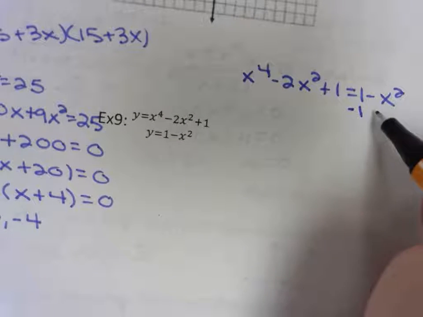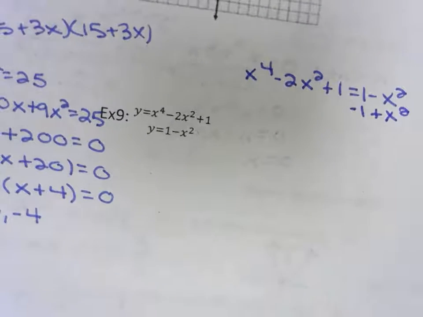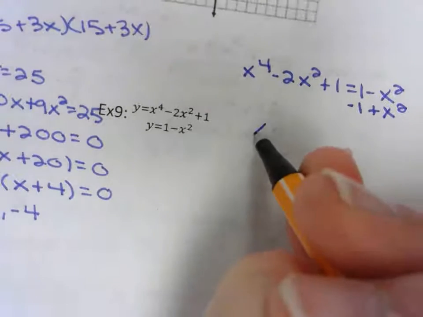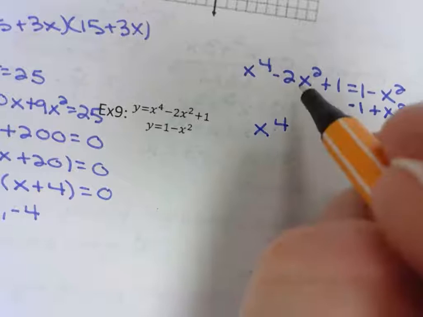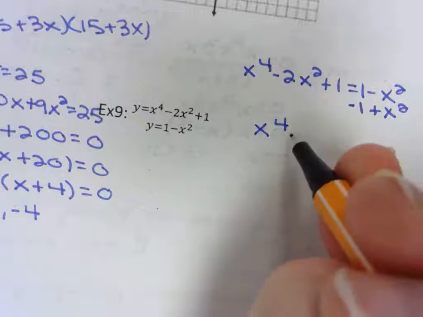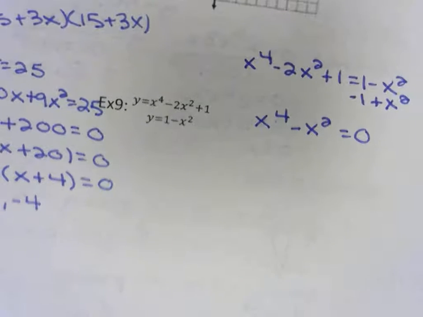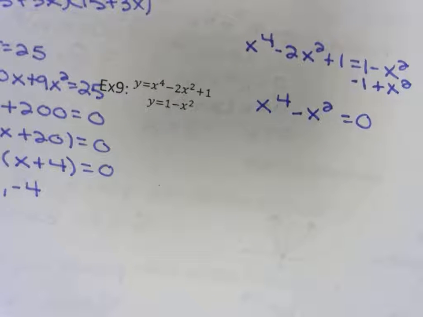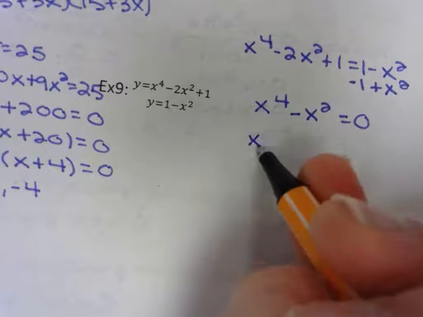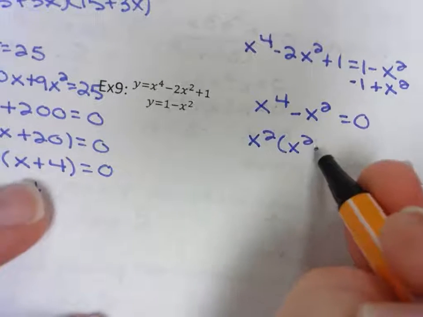So subtract 1, add x squared. So it's going to be x to the 4th, negative 2x squared plus x squared, negative x squared equals 0. That is factorable. I can factor out a what? x squared. So that's x squared times (x squared minus 1).